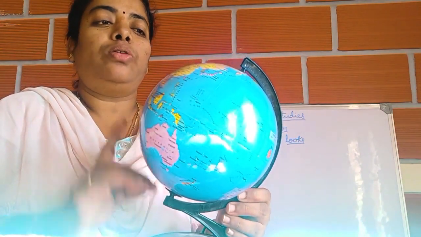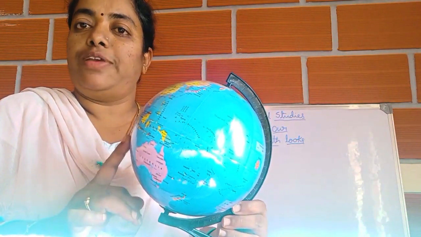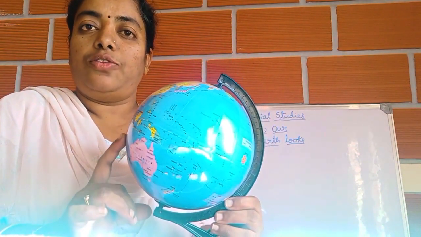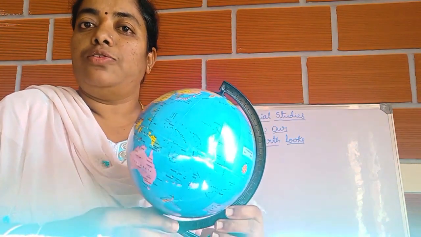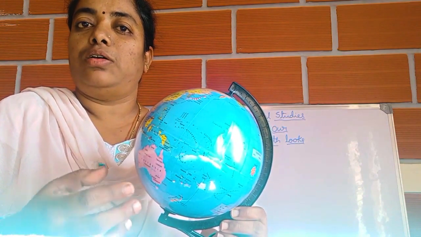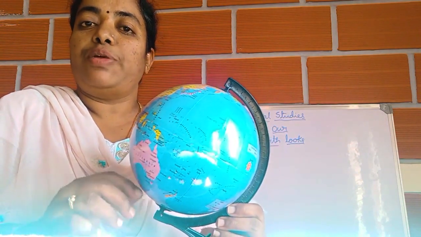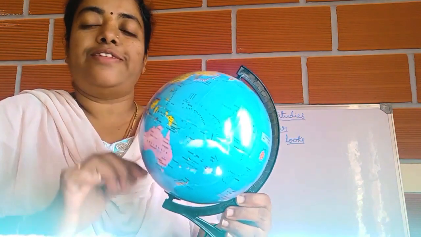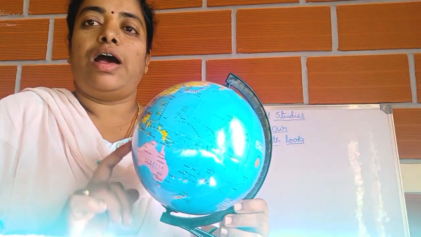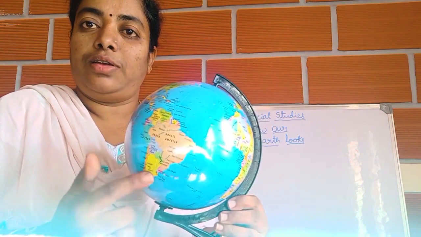So, as I told you, this globe is a model of the Earth, right? You have already learned about the rotation of Earth, right? The rotation of the Earth means the Earth spins on its own axis, right, my children? So, this globe also has an imaginary line called an axis on which it rotates, right?